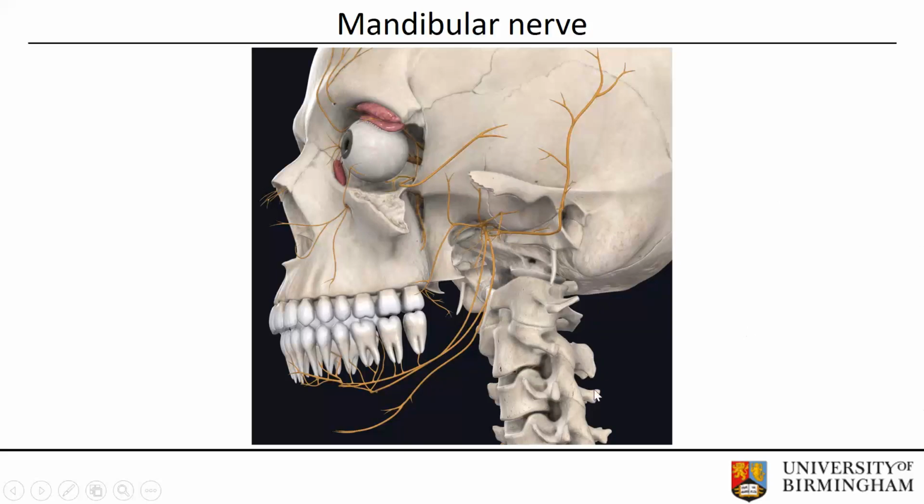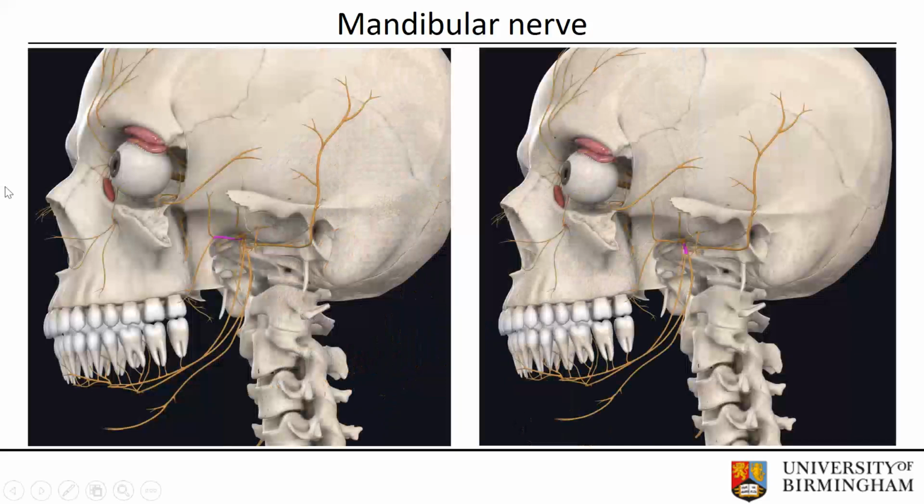So the mandibular nerve carries somatic sensory and also somatic motor fibers. Hence, this is a mixed cranial nerve, and all the branches of the mandibular nerve originate here in the infratemporal fossa.